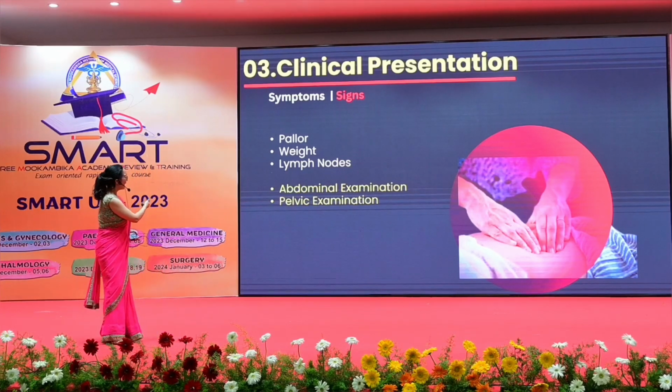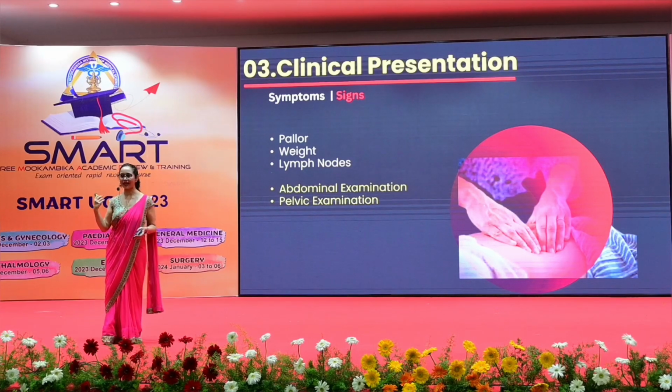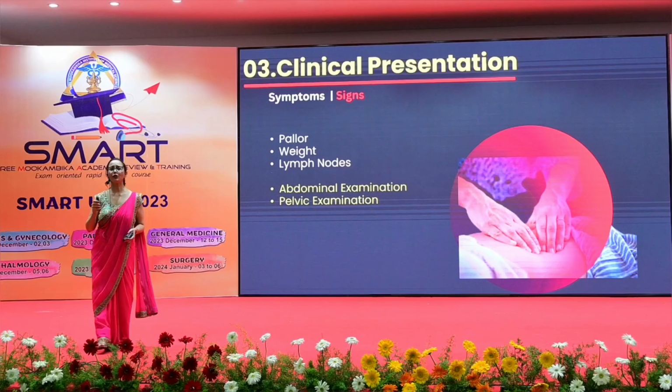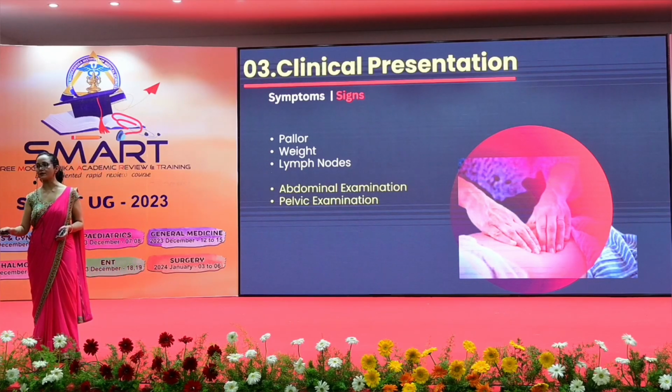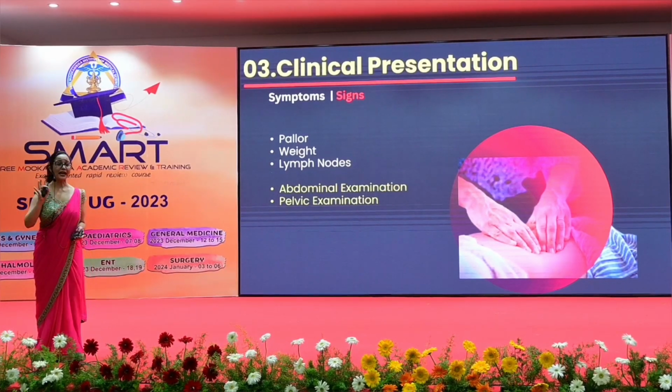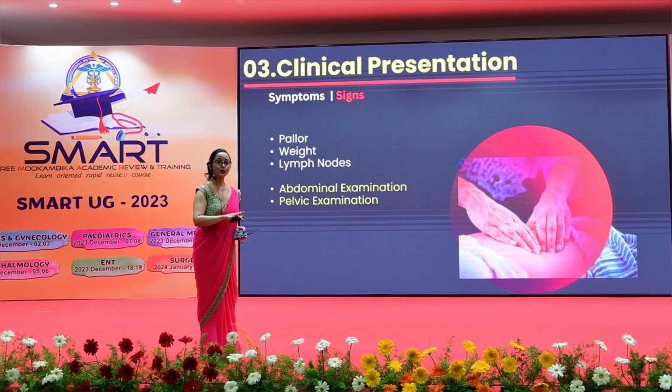Okay. Now, I think pelvic examination and abdominal examination, all that you have covered. How will you feel the mass, that has been covered. But I want to emphasize one point here. Every adnexal mass is not palpable per abdominally. For any pelvic mass to be palpable per abdominally, it should be more than 12-week size.